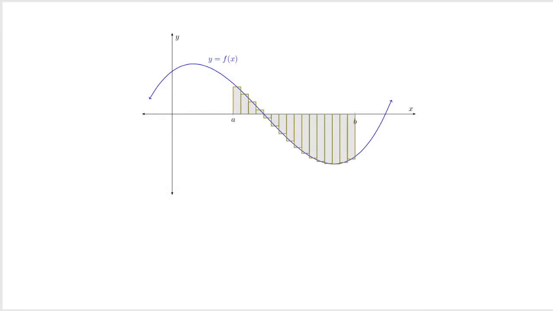And the last thing I want to show you is this picture here. Up until now, we've only been looking at curves that were always positive, always above the x-axis. But the definite integral is defined in terms of sums of areas of rectangles, and the rectangles that are in this region right here all have heights which are negative. And so, the computation of the definite integral here includes a delta x, which is a positive number, times an f of x sub i, which in all this region is always going to be a negative number.